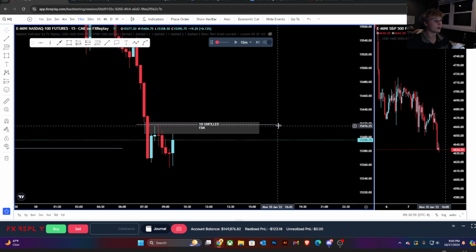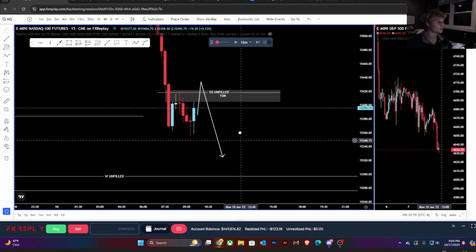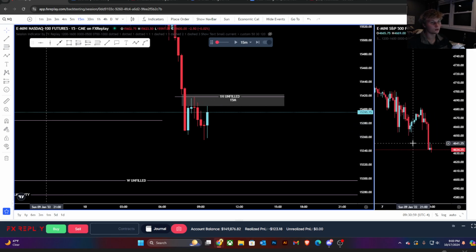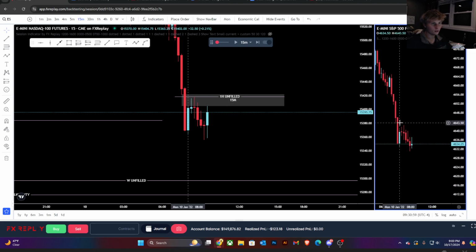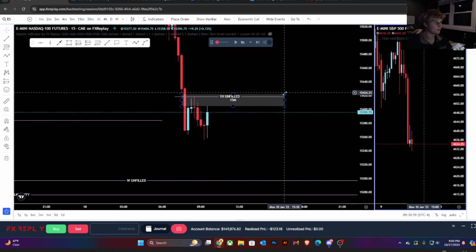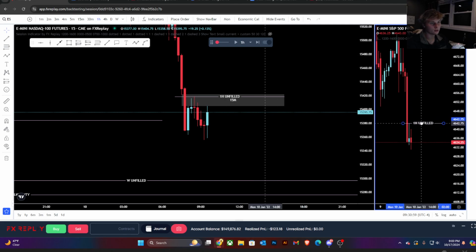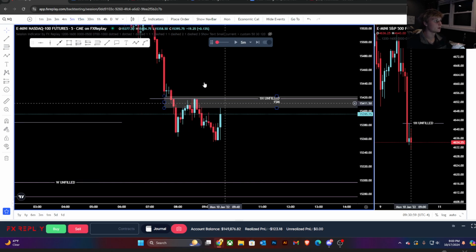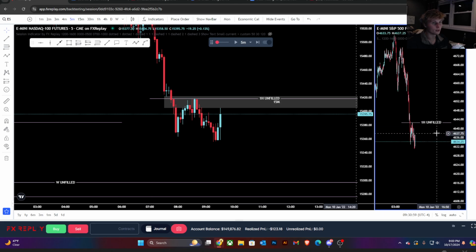So we're just going to keep that in mind, but I am looking at this hourly unfilled gap to get traded back to here before we look for shorts, ideally. 15 minute also pretty bearish here. Respecting that. Also, let me mark up this unfilled hourly on ES to see if ES taps it first. I believe there was no news, so we don't have to wait for any news.